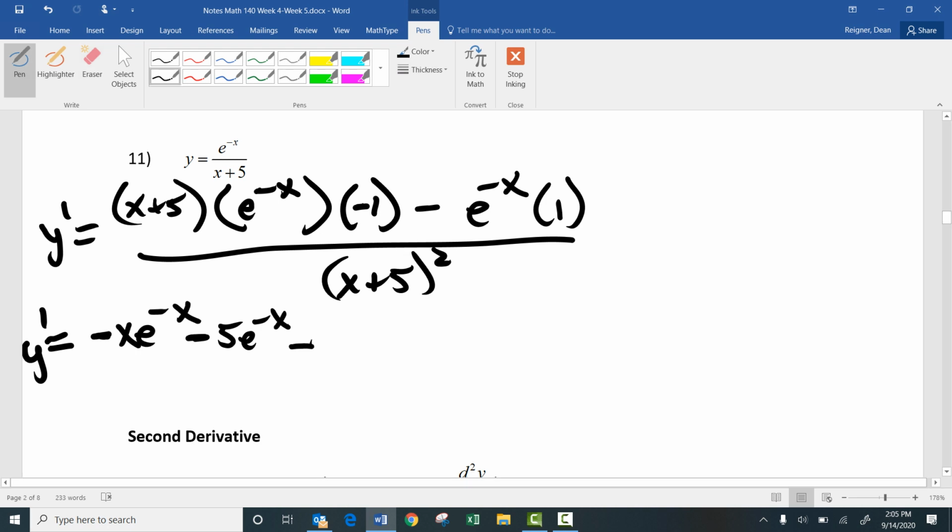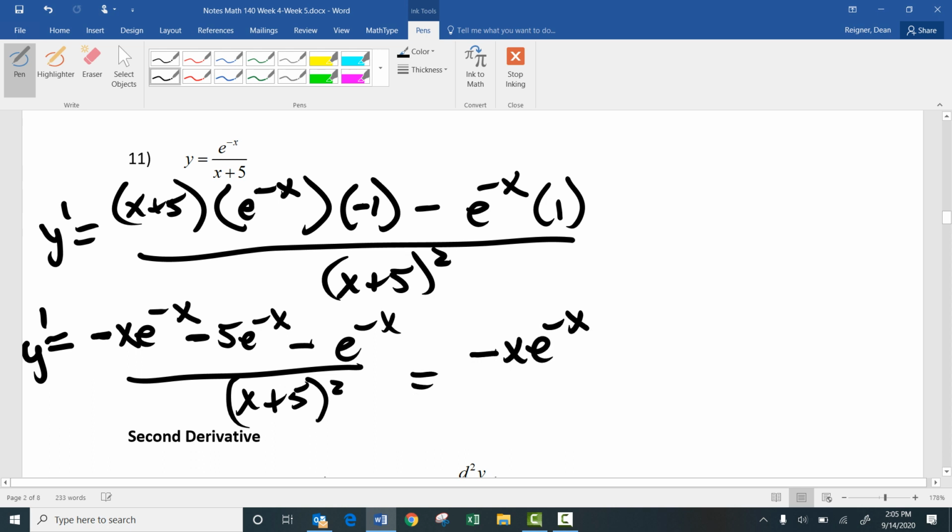And then minus e to the negative x over the bottom guy squared. So now you can simplify this a little more. This will be negative 6 e to the negative x, and then over x plus 5 squared. Okay, that is y prime.